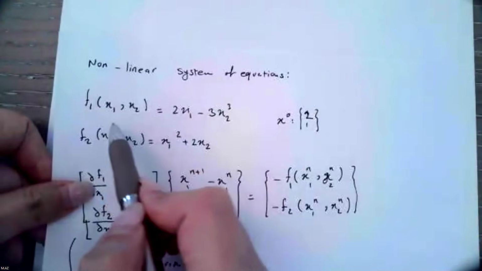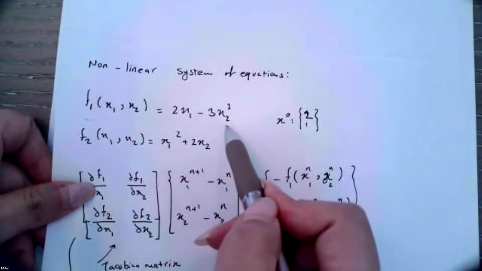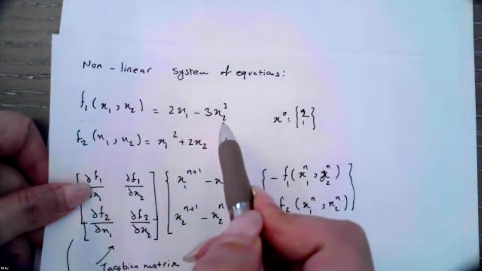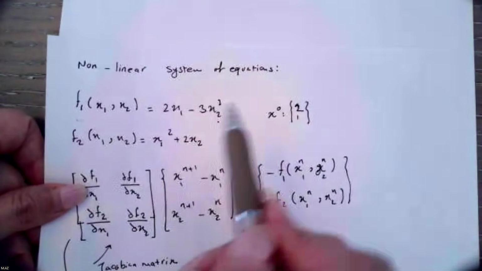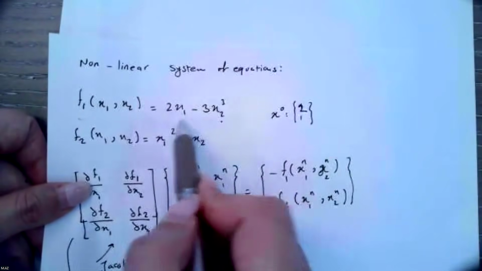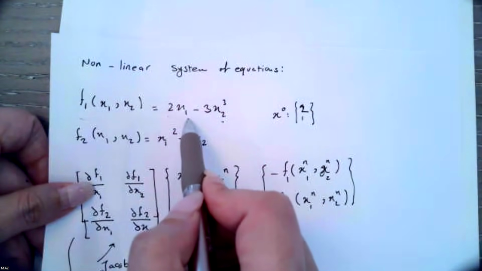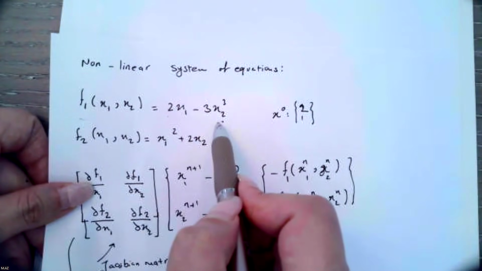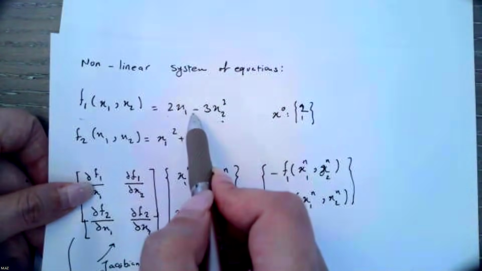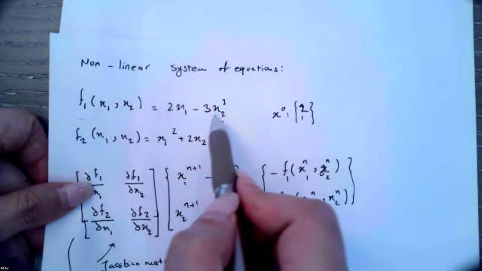This is our equation 1. Now we take a partial derivative with respect to the second variable, meaning x sub 2. This term doesn't have x sub 2. How about this? We have negative 9x2 to the power 2.